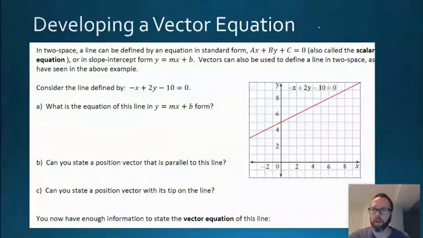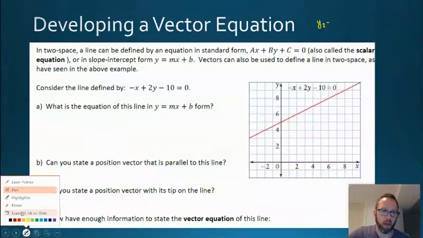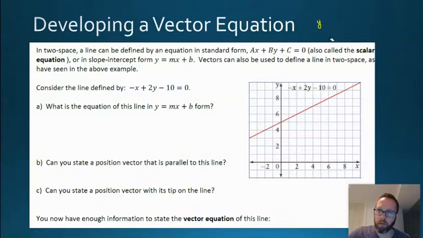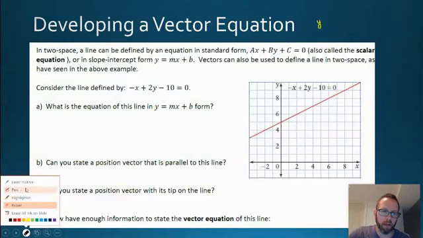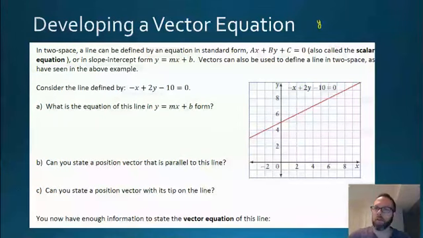We're used to the standard form or scalar equation, or slope-intercept y equals mx plus b. There is an equation called the slope-point equation of a line. I might just show you right now. I don't really use it, since y equals mx plus b does the job pretty well for us.